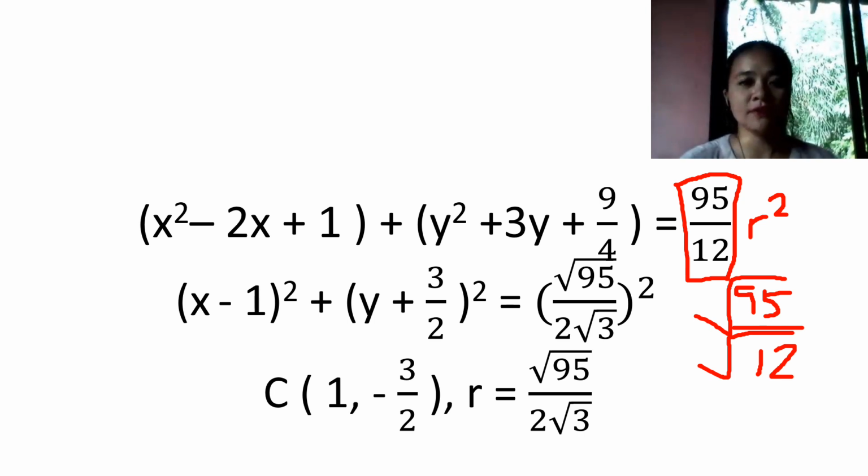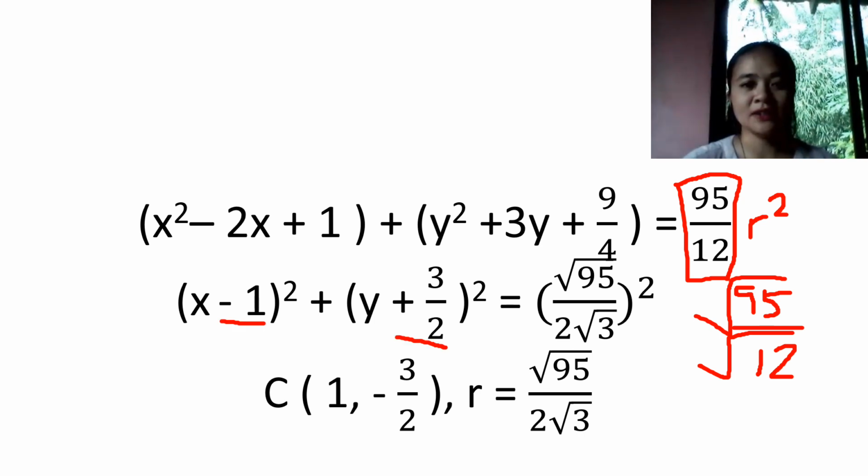So square root of 95, and then 12 has a square factor, that is 4 and 3. So that will become square root of 95 over 2 square root of 3. For the center of the circle, we have 1 and negative 3 halves. And for the radius, we have square root of 95 over 2 square root of 3.